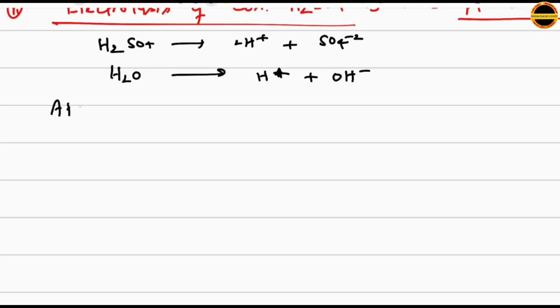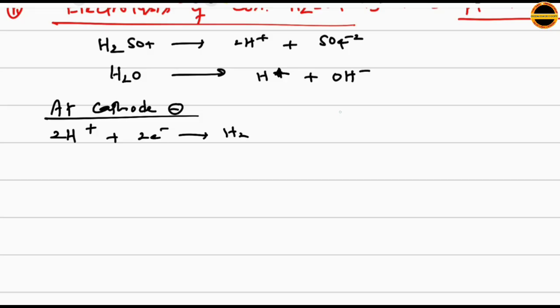Now, at cathode, 2H plus gain 2 electrons giving H2. At anode, the positive electrode, the reaction is this.